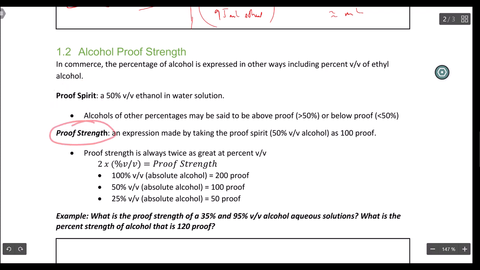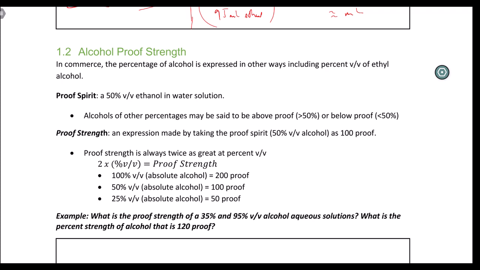A proof spirit is a 50% volume of alcohol and water, so ethanol and water. If you were above that proof strength, then you were considered above proof or above 50%. If you were less than, it was considered less than that. And that was the way in which they used to express the concentrations of alcohol based on that proof spirit, 50-50. Now we do something called a proof strength.